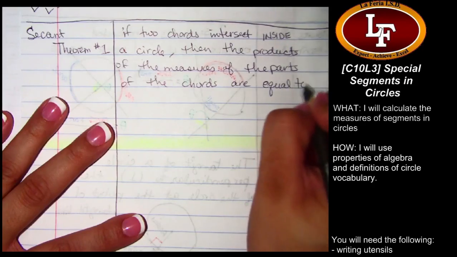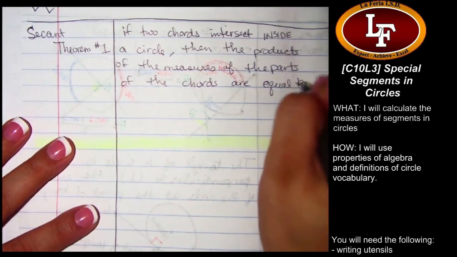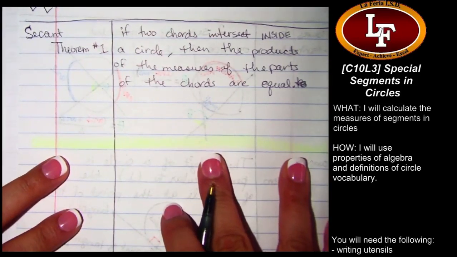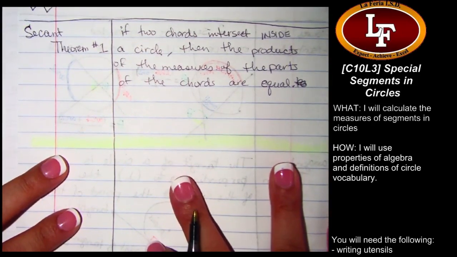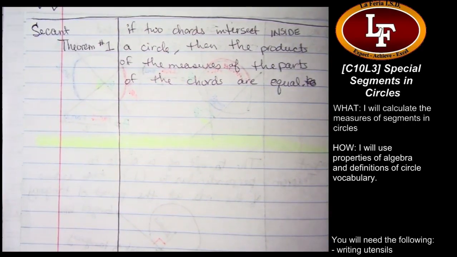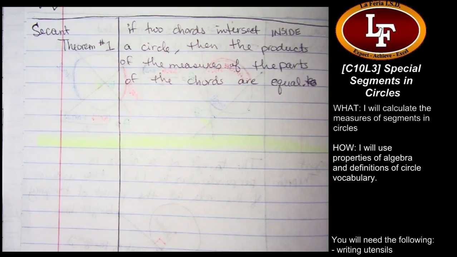We're just going to go straight through the definition, then we'll draw the picture right underneath. Two chords intersect inside a circle, then the products of the measures of the parts of the chords are equal.